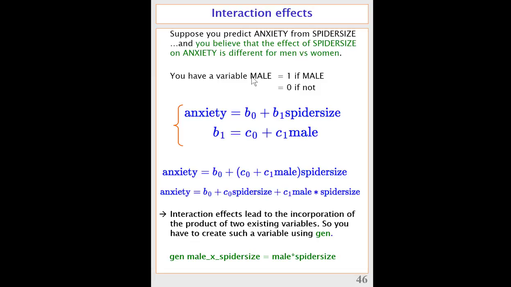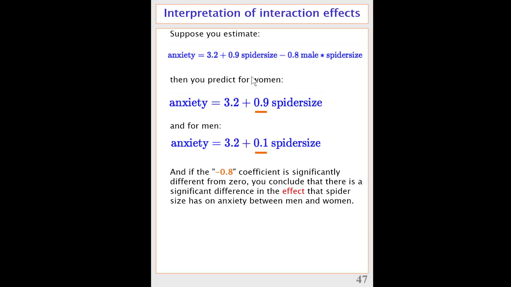If I would test the actual model here with these interactions in there, I would see, for instance, something like this. I get anxiety, this is the constant, 3.2, plus 0.9 times spider size, minus 0.8 times male times spider size. So that would mean actually that I predict for women this anxiety is 3.2 plus 0.9 times spider size.